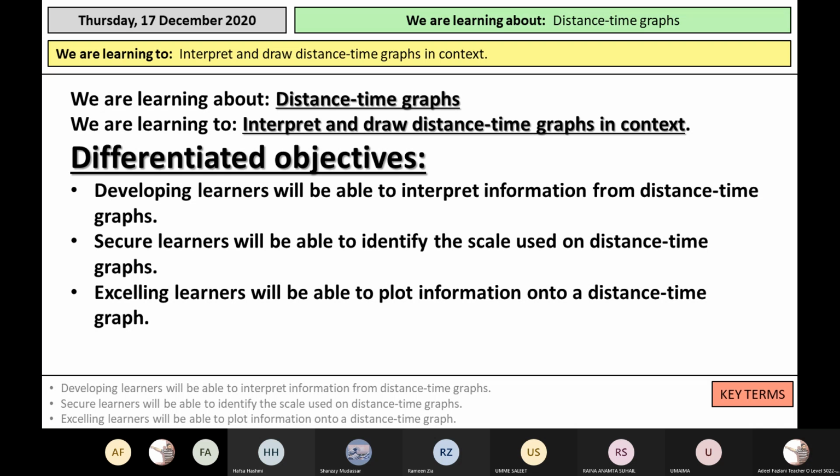Secure learners will be able to identify the scale used on a graph, and you should have background knowledge of writing the scale on the x-axis and the y-axis, and the basic concept of 1 centimeter representing whatever units the data requires. Excelling learners will be able to plot information onto a distance time graph. Anyways, we'll continue to the next slide.